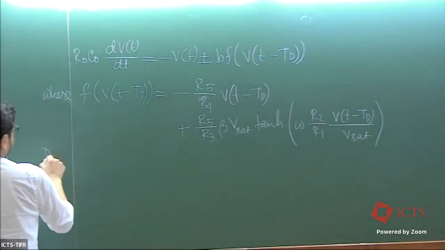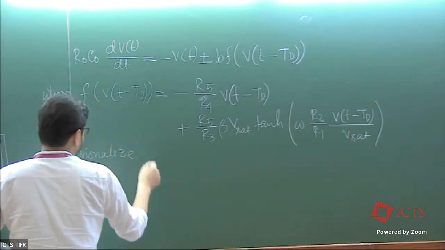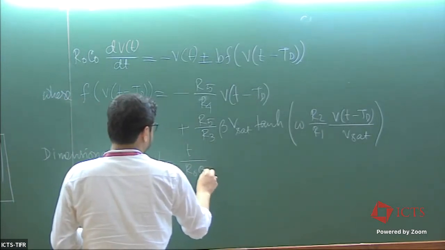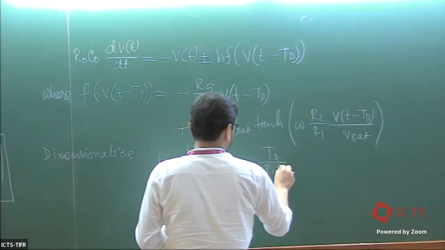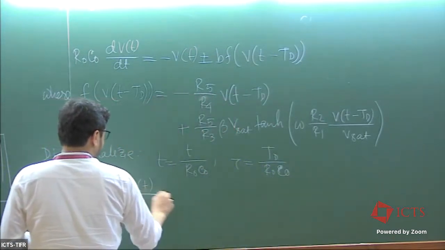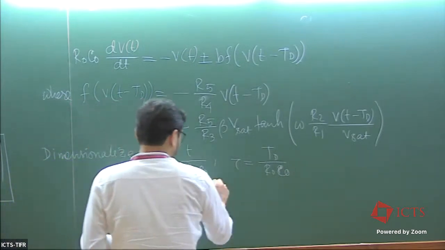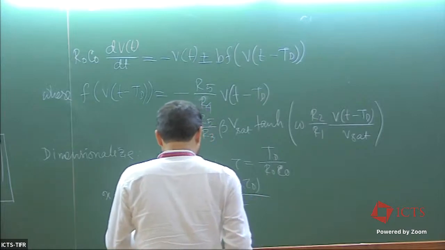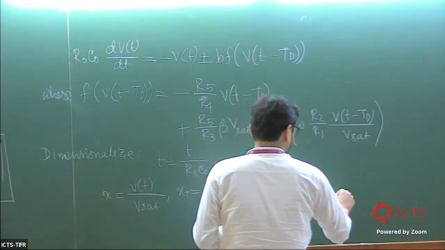Now we want to nondimensionalize. For this, we consider T is equal to t divided by R0 C0. Tau is equal to Td divided by R0 C0. X is equal to V(t) divided by Vsat. X of tau is equal to V(t minus Td) by Vsat. And R5 by R4 is equal to N1.